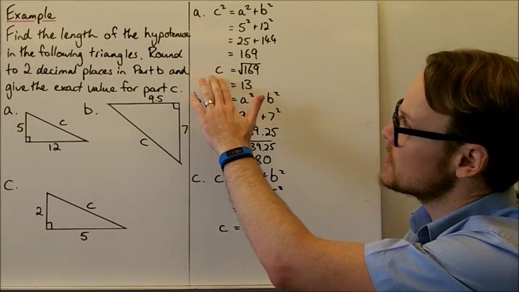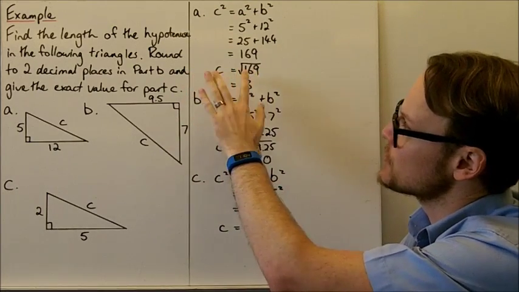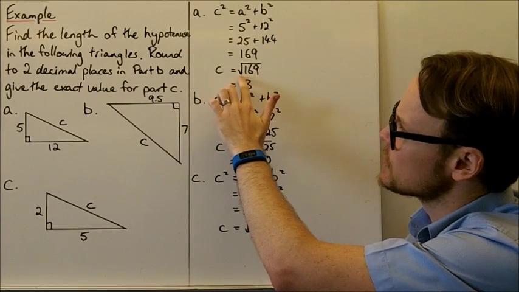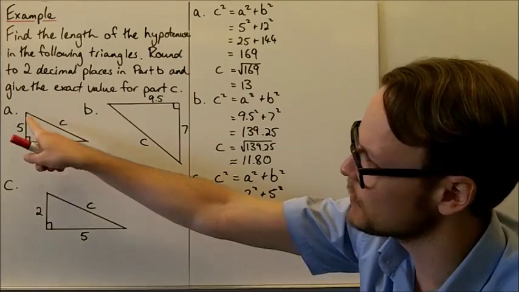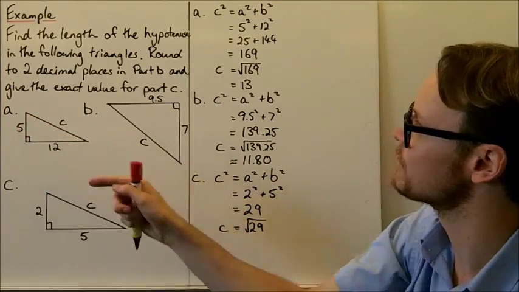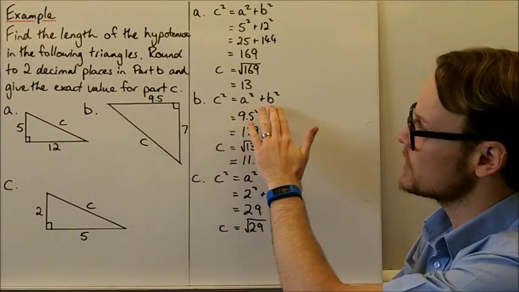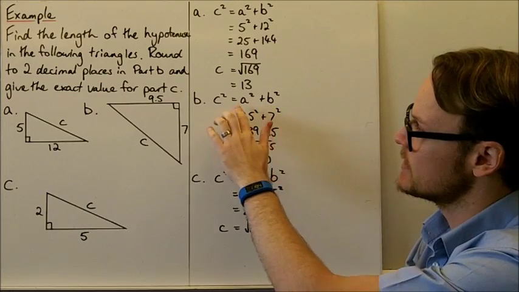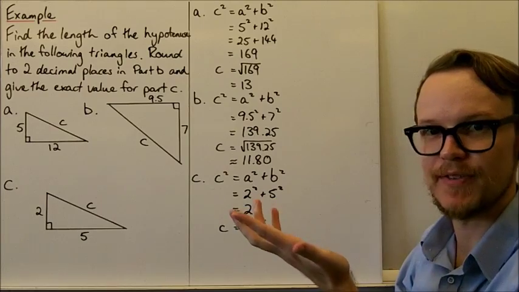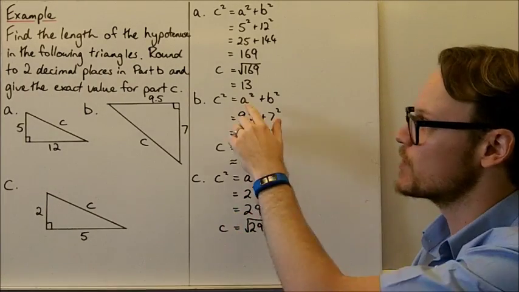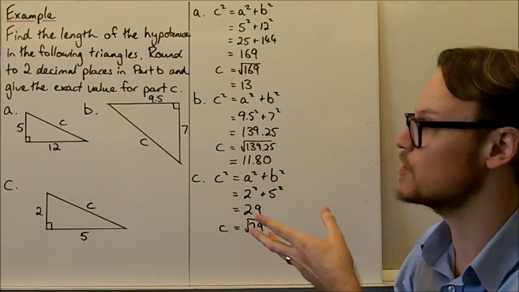To find the value of c, I need to take the square root of both sides. Taking the square root of 169, I get 13. So our length of the hypotenuse is 13. For part b, writing down Pythagoras' theorem again, substituting in our values for a and b. It doesn't matter which value we use for a and which value we use for b.